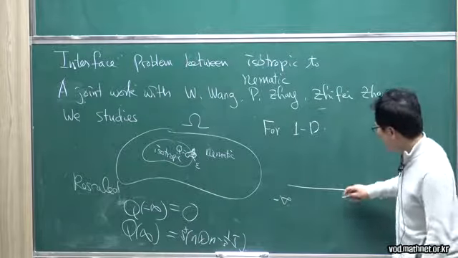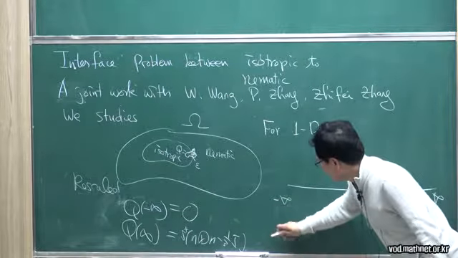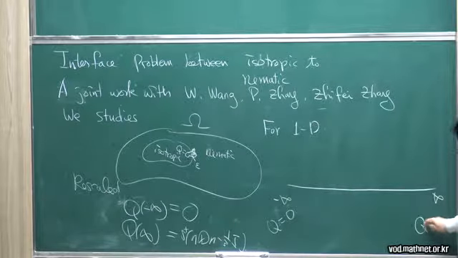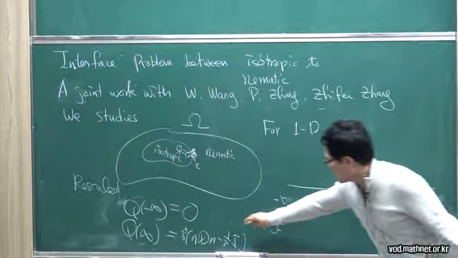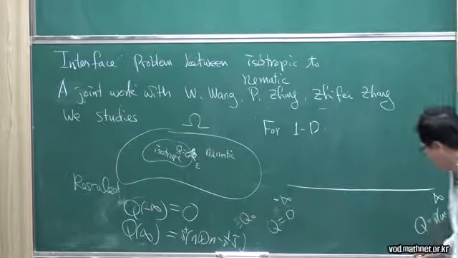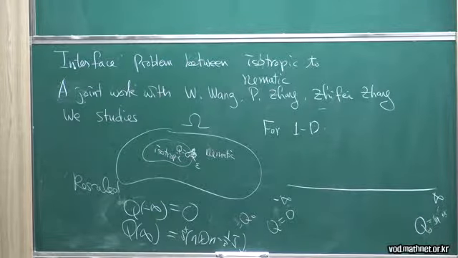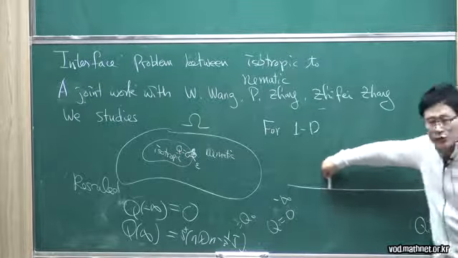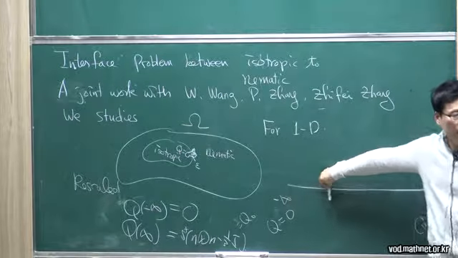Q equals 0 at minus infinity, and at plus infinity Q equals S n tensor n minus 1/3 identity. We are interested in the profile between minus infinity and plus infinity.